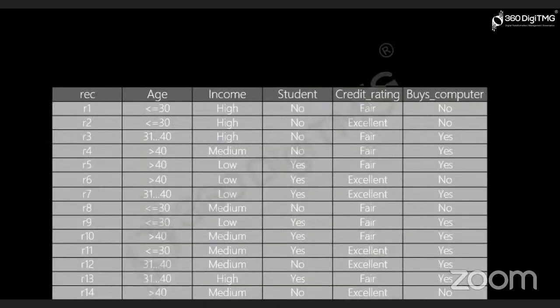So this was our data set. Let's take a look at it. We have various columns. This is the record, our index column, and these are our attributes. These four, age, income, student, and credit rating, are our X variables, which means these variables are independent.